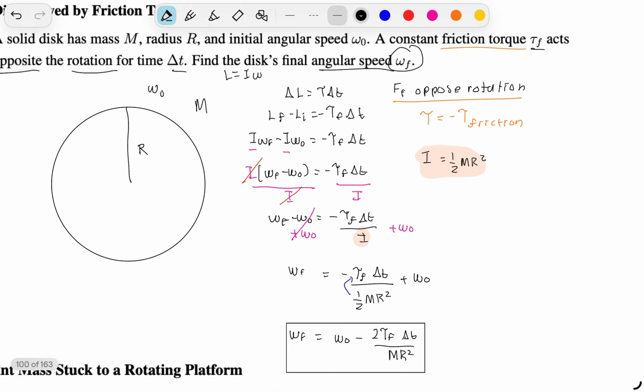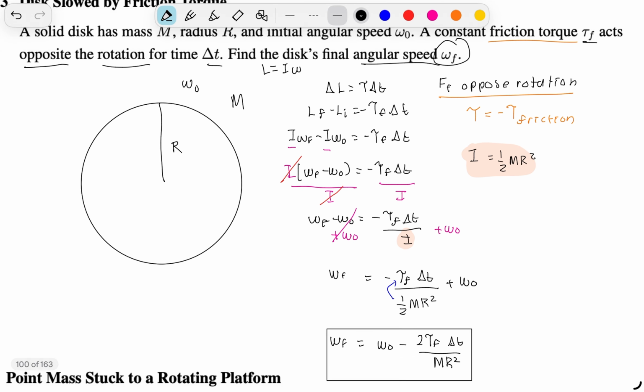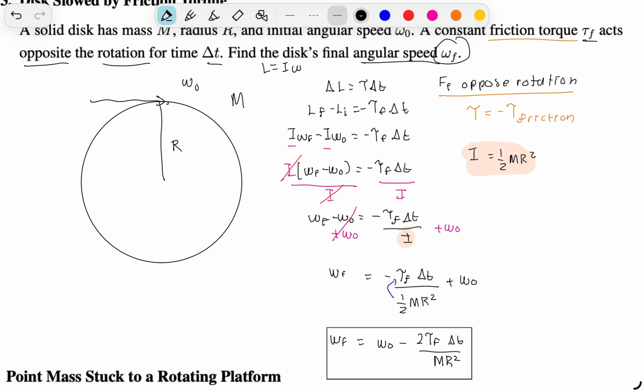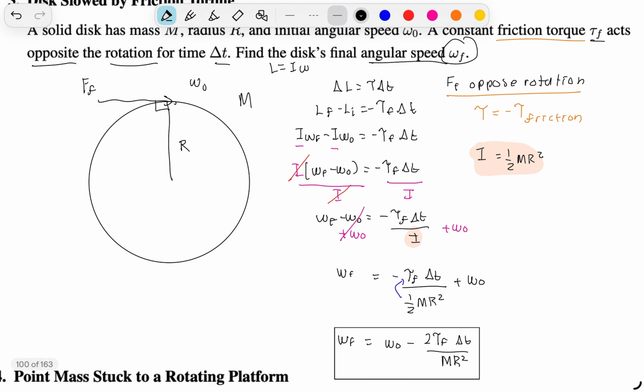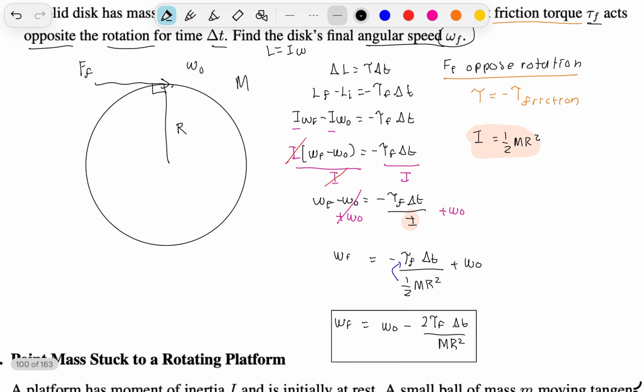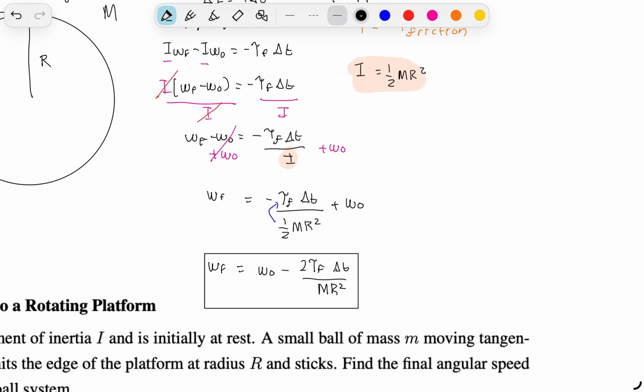So we can see that in this problem, the frictional torque that we apply here, 90 degrees from the force of friction, is going to give us a negative angular impulse. So then the disk's angular momentum and the angular speed are going to decrease, because L is equal to I omega.